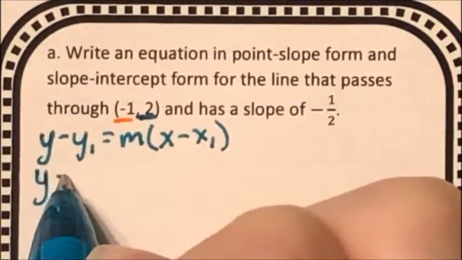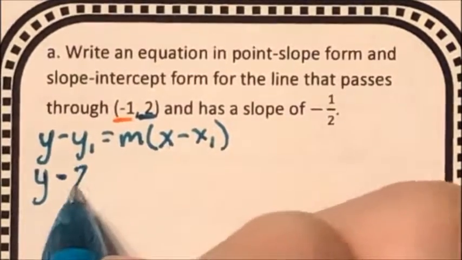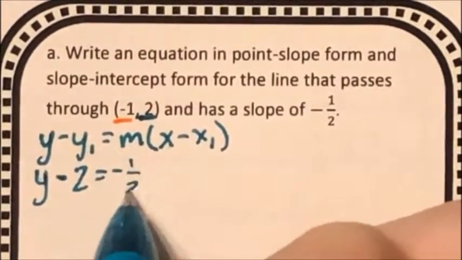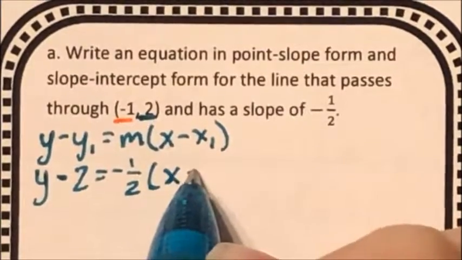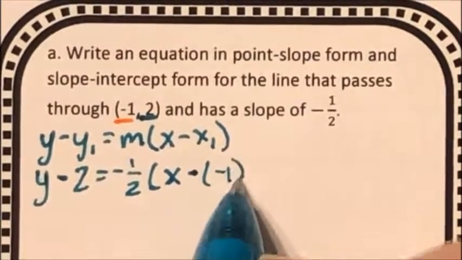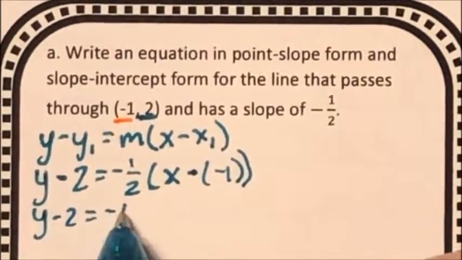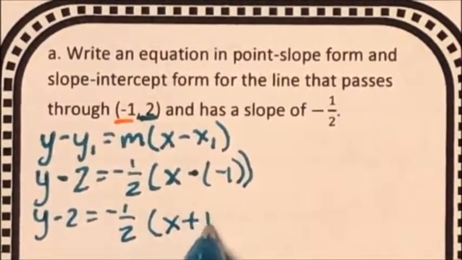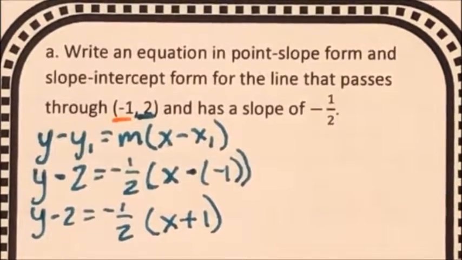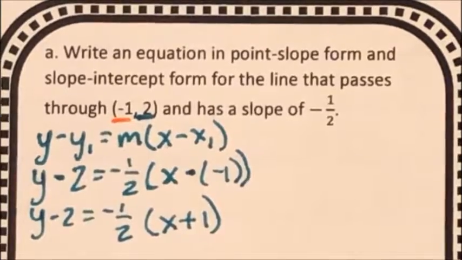So I have y minus 2 equals -1/2 times x minus -1, which is y minus 2 equals -1/2 times x plus 1. Okay, so there's my point slope form.